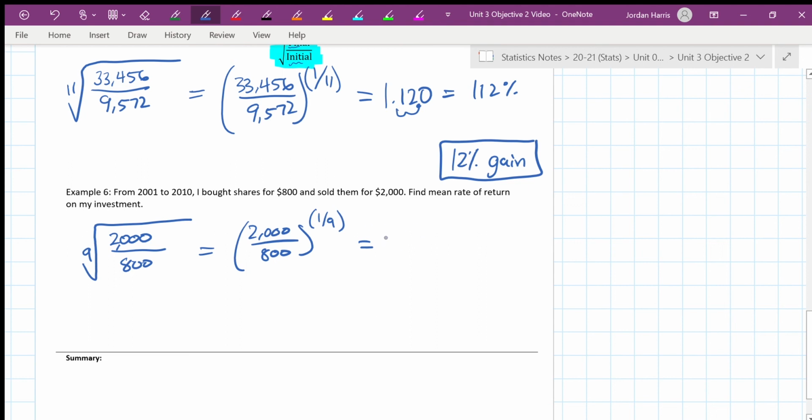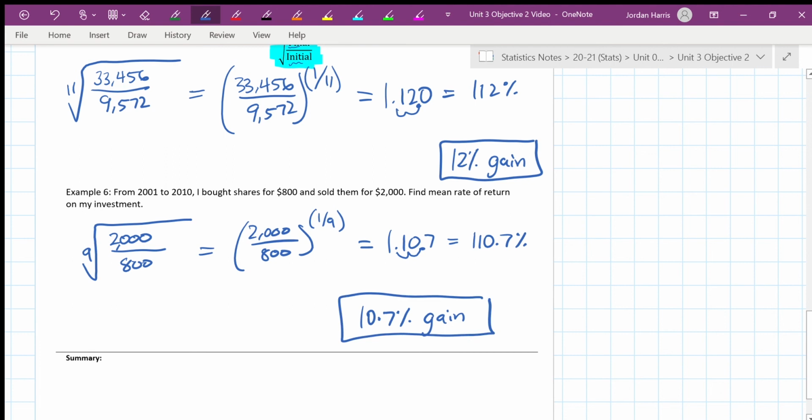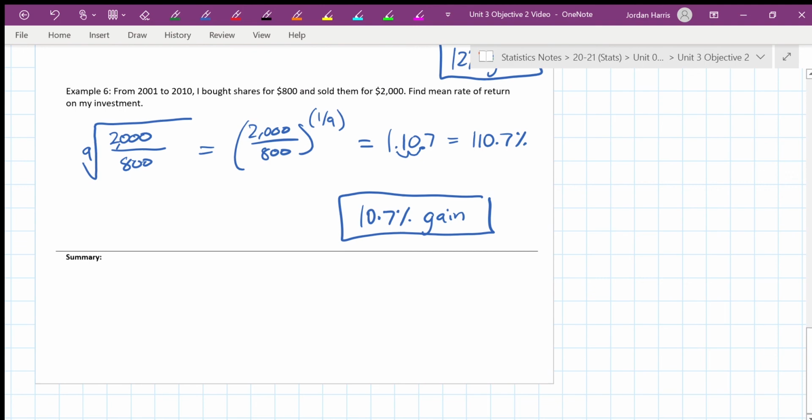Type that into your calculator. You should get 1.107, which is 110.7%. Move the decimal twice to the right. This one's bigger, so how much more than 100%? 10.7% gain. So on average each year, I gained 10.7%. Okay, so make sure you do your 3-sentence summary.